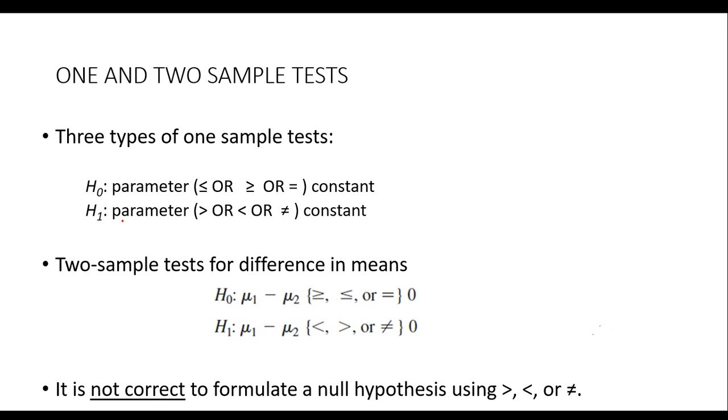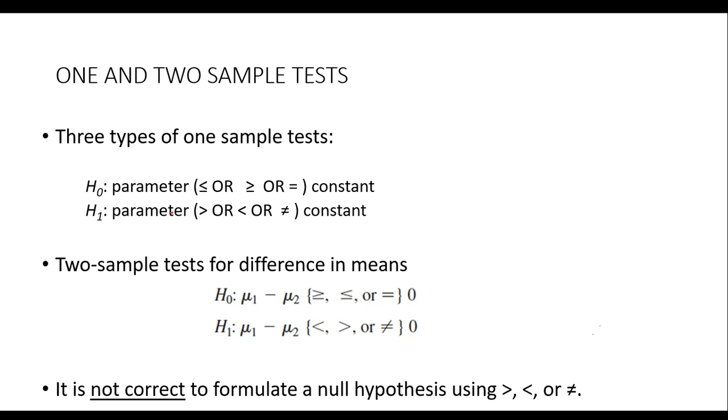and the alternate hypothesis will be about the mean IQ level. Suppose in the null hypothesis you take less than or equal to, then here it will be more than. And suppose in the null hypothesis it is more than or equal to, then the alternate hypothesis will be less than. And suppose the null hypothesis is equal to a constant, then the alternative will be not equal to the constant.